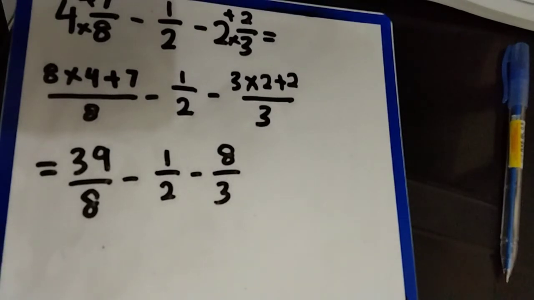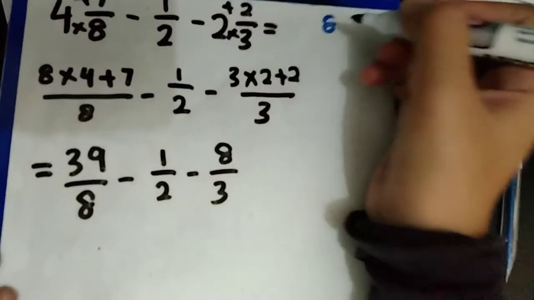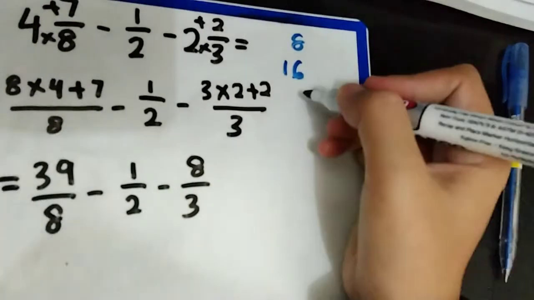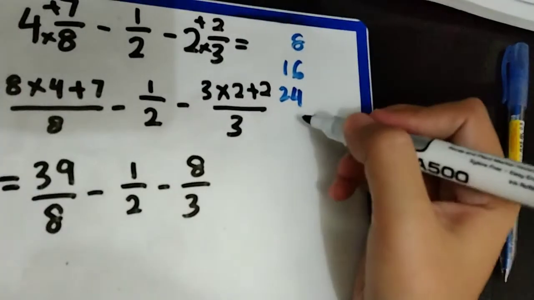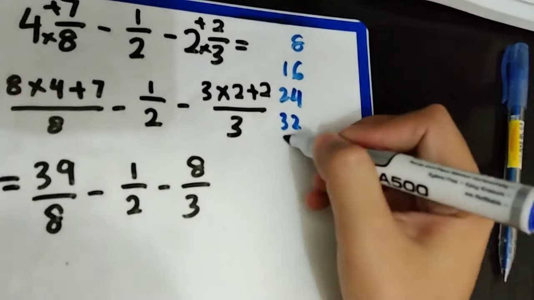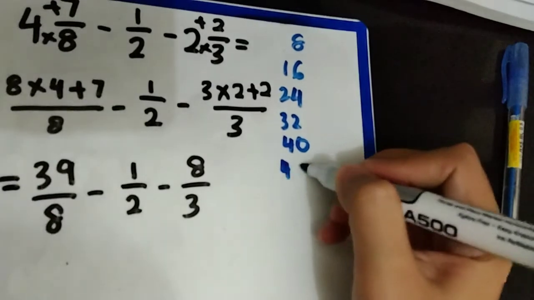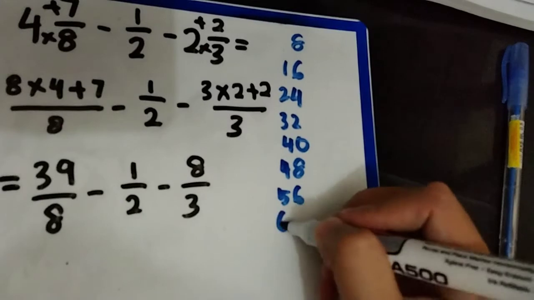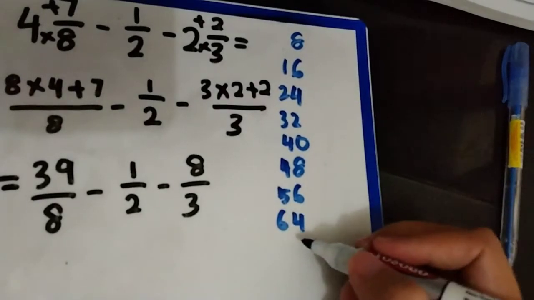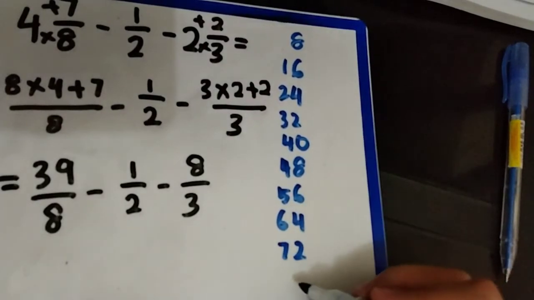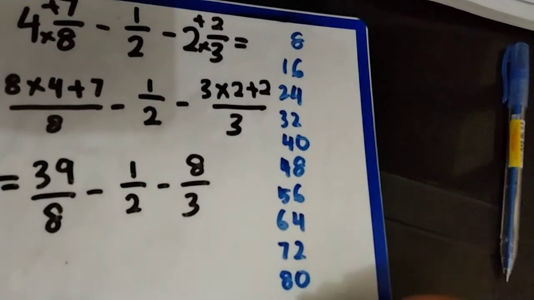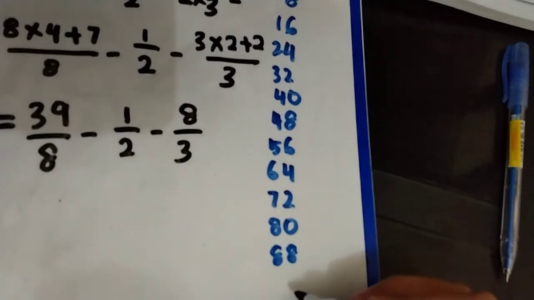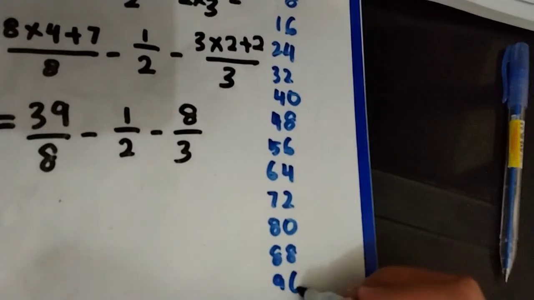List down the multiplication table of 8 all the way down until the last digit, and then continue with the multiplication table of 2, and then the multiplication table of 3. So that's why I ask you to remember the multiplication tables, so you don't have to write down like this.